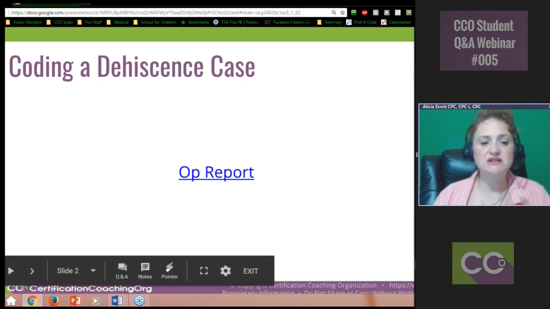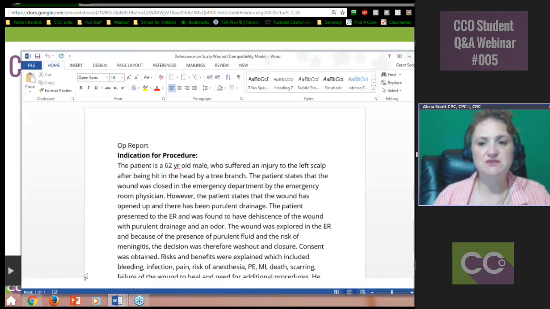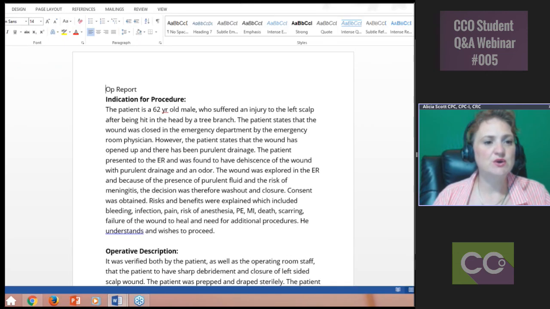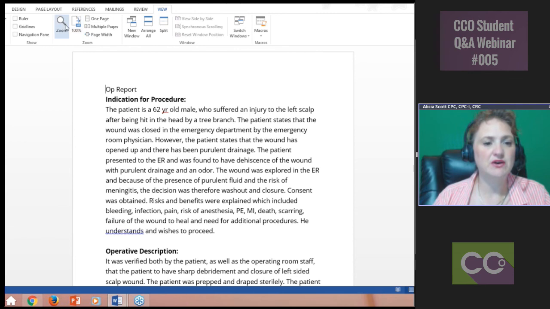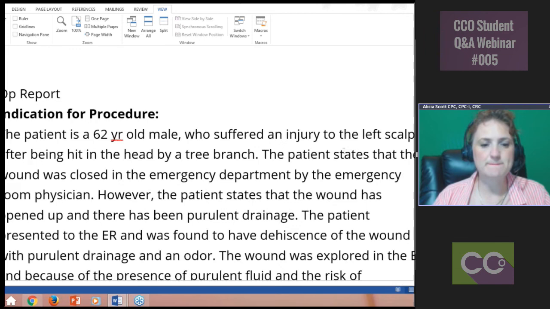So the first one, let's go ahead and bring that up. And I went ahead and downloaded these so that they would be easy to see. And you know what? I'm going to go ahead and make this a little bit bigger. Let's see, it's at 100%. Let's zoom it up to 200, might be too big, but let's see. Is that going to mess you up, Boyd, if it's that big?